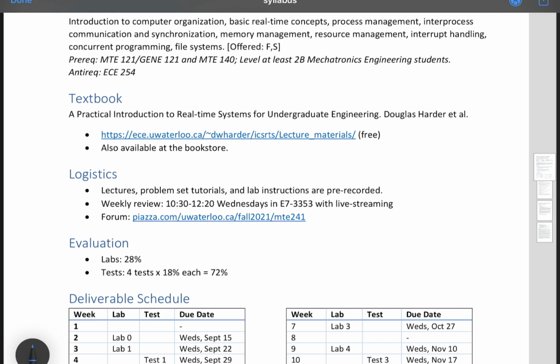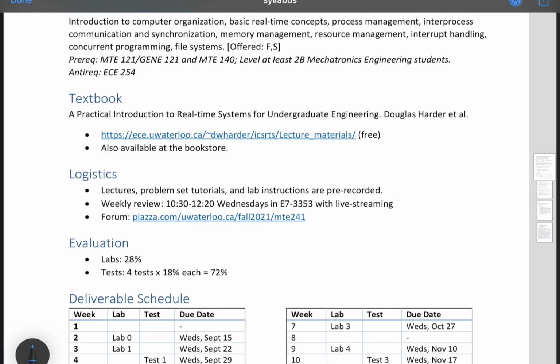You'll be expected to have done a week's worth of the online lectures and make your notes, and you can come with questions and I'll review important concepts and do some example problems to help with the understanding there. So half of you will be there one week, half the other week, and the half that's not in person will be able to watch it live streamed or watch the recording afterwards.